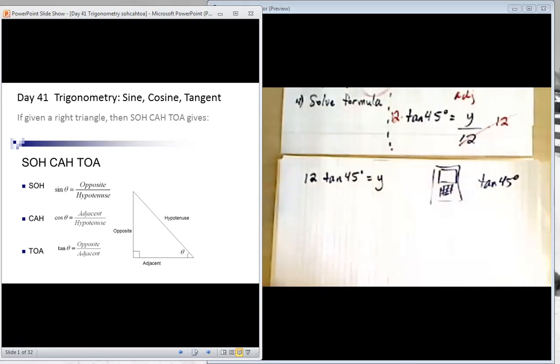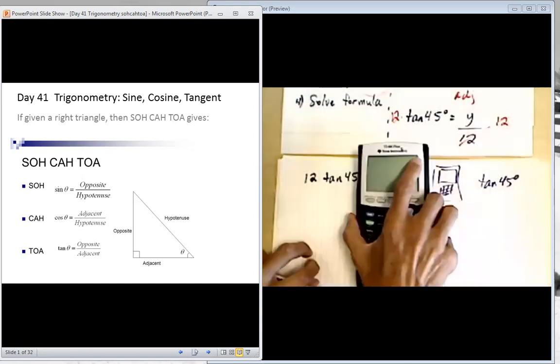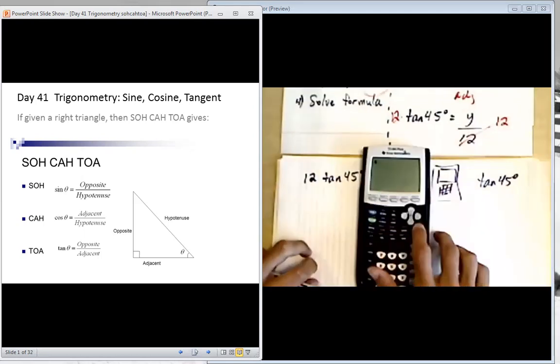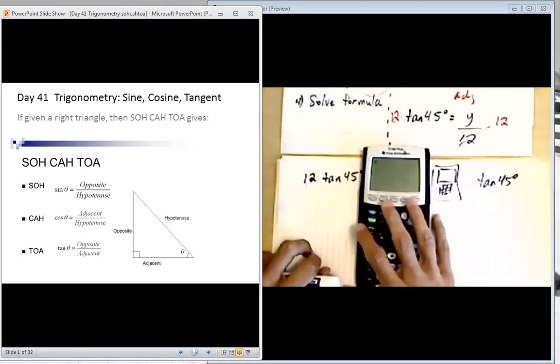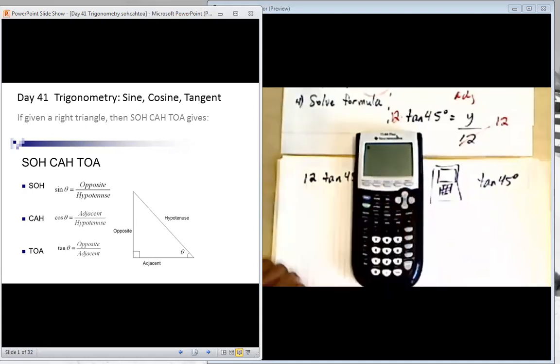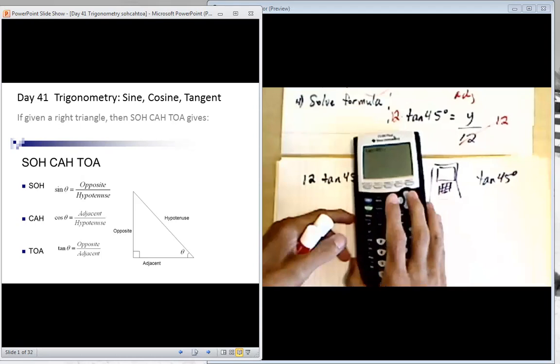Okay, so I'm not sure which calculator you've got out there. For me, I've got one of these that I both use for class and lift weights with. So big and heavy. For me, I go tangent first and then 45 and close the brackets. Tiny writing on the camera, right?